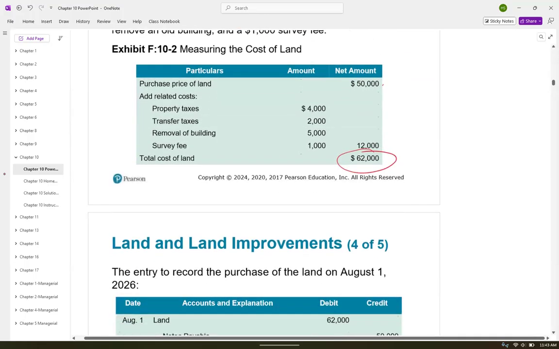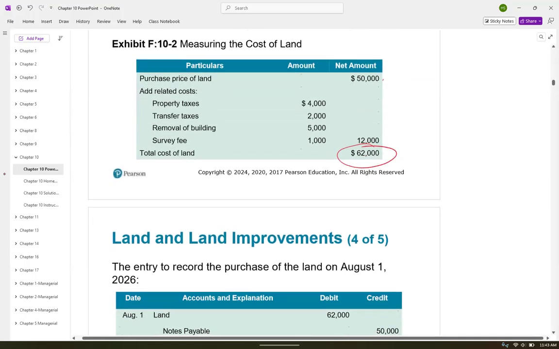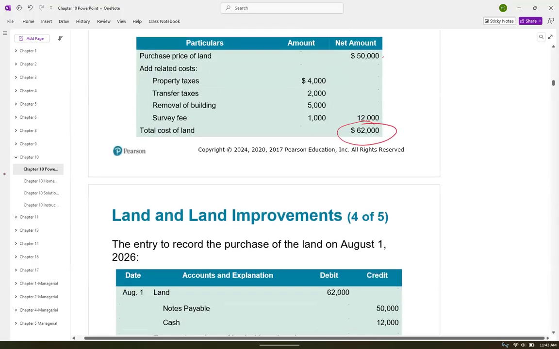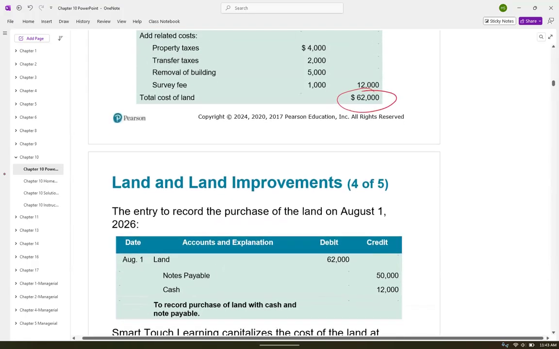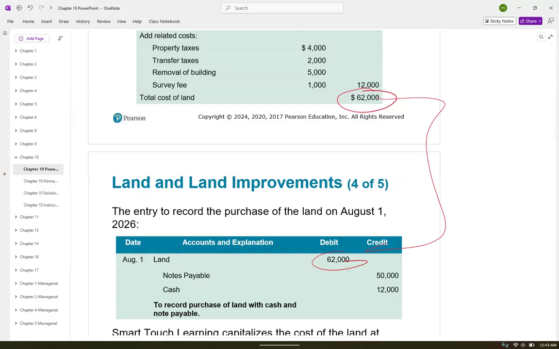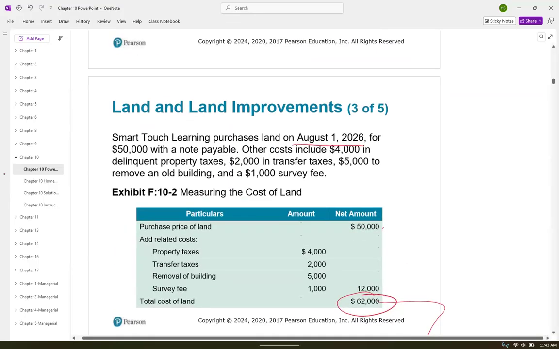Let's see it. Do they make the journal entry? Yay, they do. So the entry, this is going to be a little bit bigger one, maybe. It's got three titles here, but land, what did I just tell you? That came from right there. Okay. They told us that the 50,000 was on notes payable, and I'm guessing they said they paid all those other things in cash.